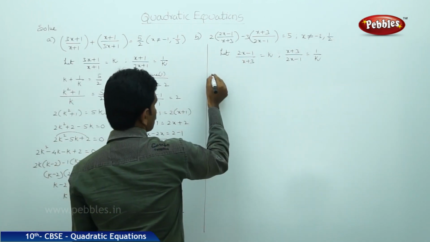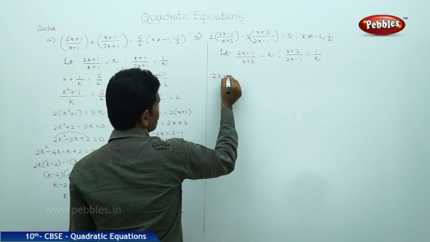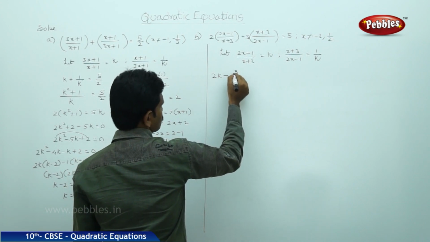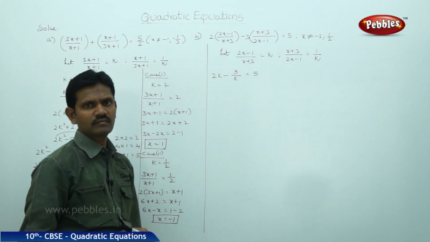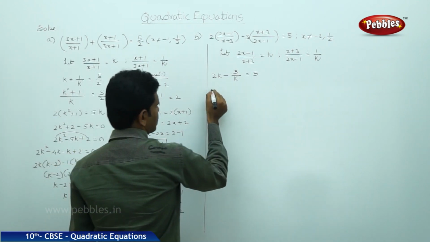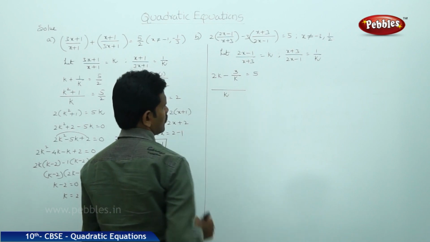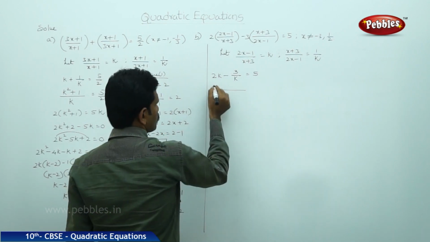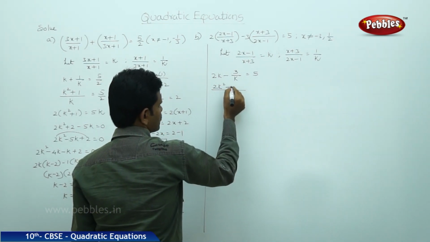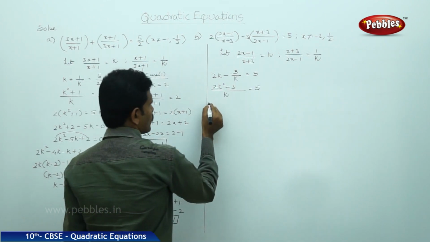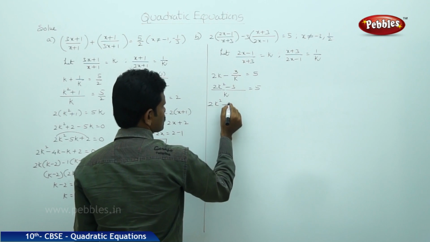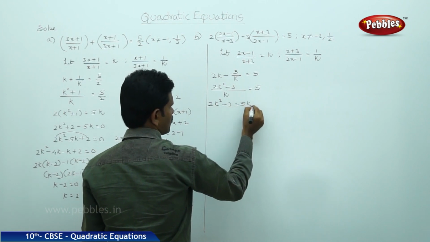That is, 2k minus 3 by k equal to 5. That is, cross multiplication and do the LCM. 2k square minus 3 equal to 5k.